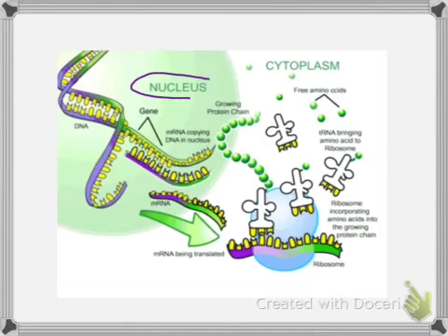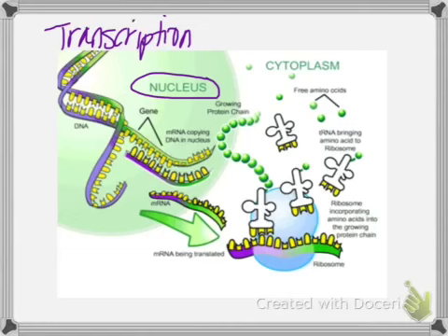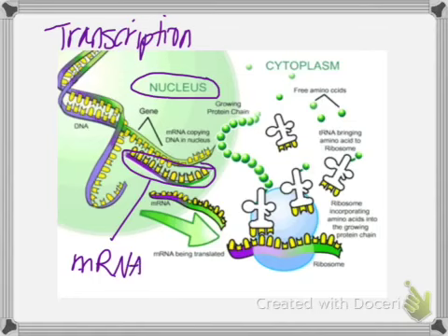We have our nucleus, which holds our DNA. This is, again, the first part, transcription. It's going to make a copy of the gene that it needs to make. And that is our mRNA, which is that copy which leaves through a nuclear pore into our cytoplasm to start the next step of translation.